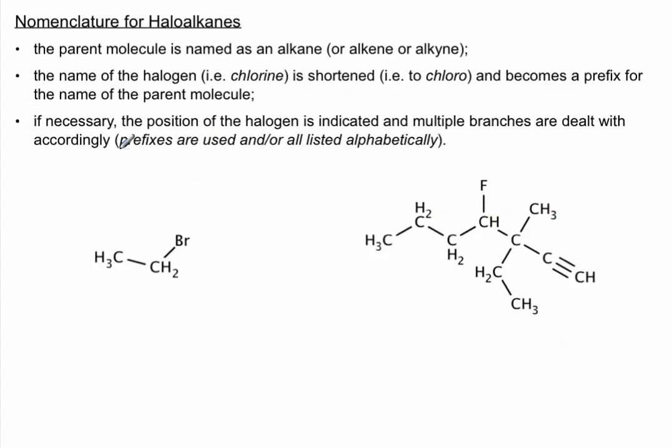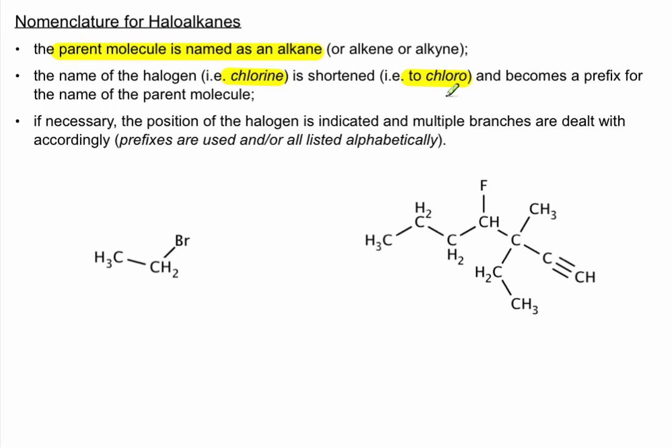Let's look at the nomenclature for haloalkanes. It's really quite straightforward now that you know the system. The main thing to remember, the parent molecule is going to be an alkane or an alkene or alkyne. So as I said, the halogens are always branches. So the name of the halogen that's attached, a chlorine for example, is going to be abbreviated to chloro.